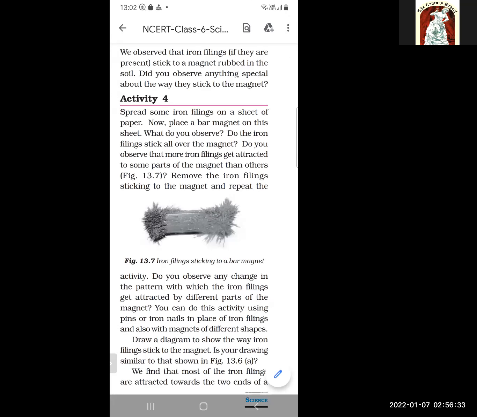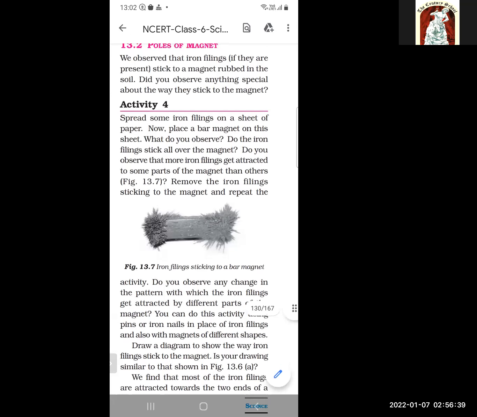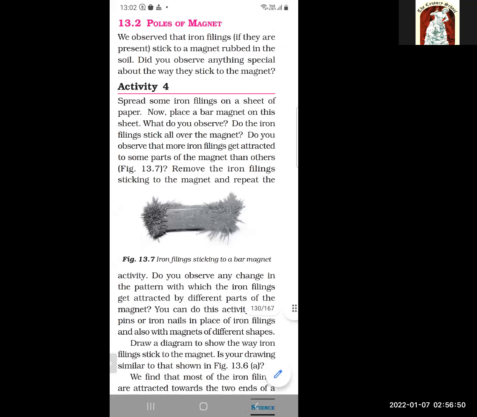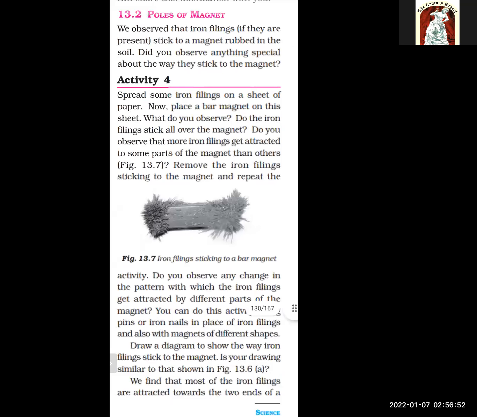So what are we observing? Do the iron filings stick all over the magnet? No. Do you observe that more iron filings get attracted to some parts of the magnet? Yes. It is not uniformly distributed. It collects at the end.